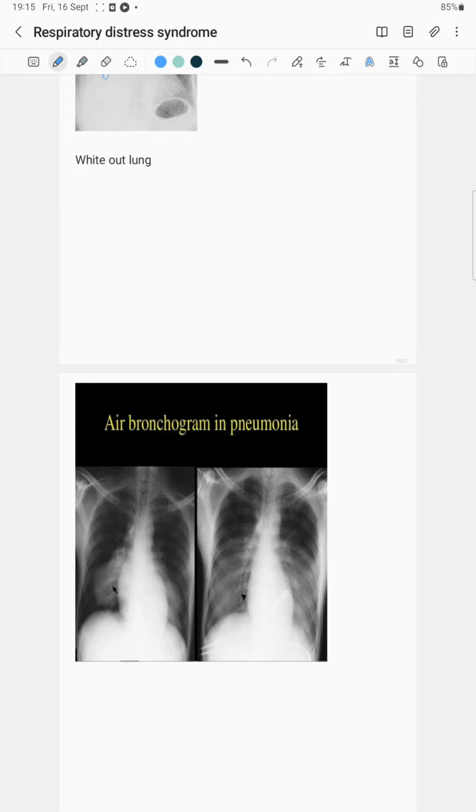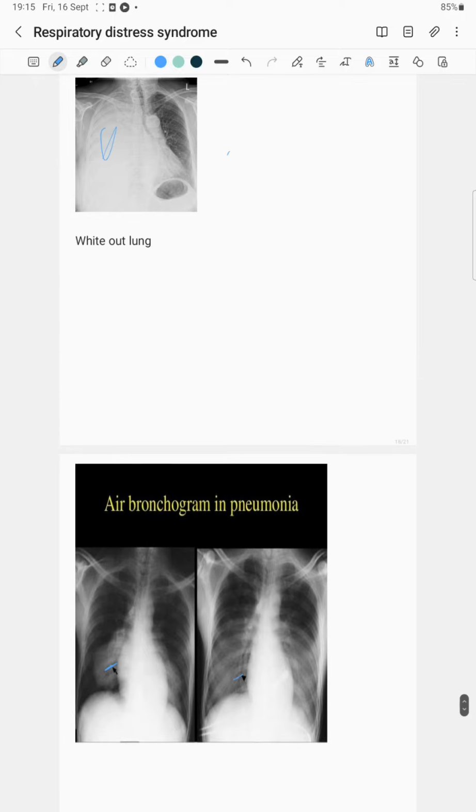It is a phenomenon of air-filled bronchi being made visible by opacification of the surrounding alveoli. Okay, so you have to know what an air bronchogram is: air-filled bronchi being made visible by the opacification of the surrounding alveoli.